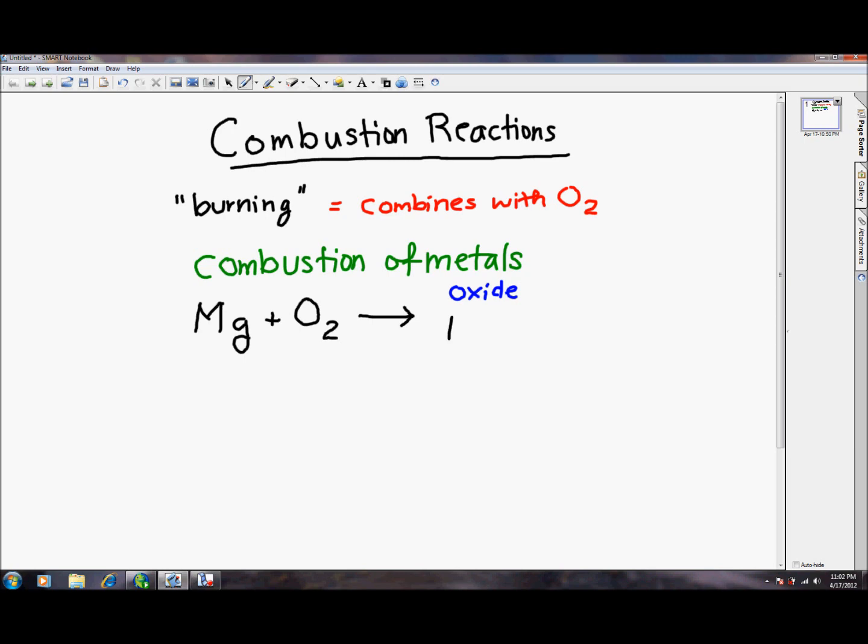That is an ionic compound, so we know it's made out of magnesium and oxygen. And we'll double check our oxidation numbers to make sure that we're writing the formula correctly. Magnesium is positive 2. When we look up oxygen, oxygen is negative 2. So they cancel each other out, so that our formula is just MgO.